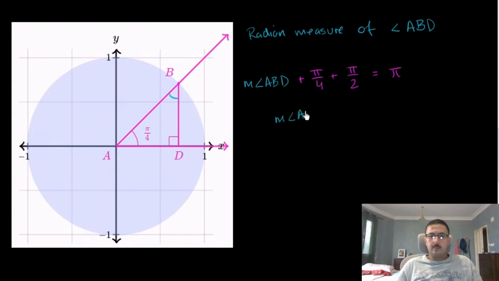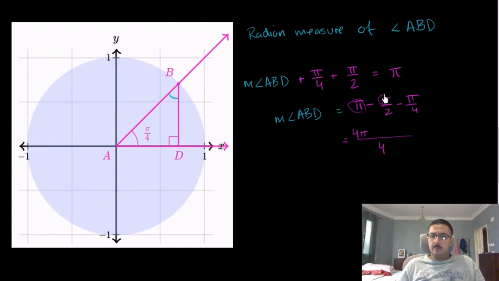The measure of angle ABD is equal to pi minus pi over 2 minus pi over 4. I just subtracted these 2 from both sides. So this is going to be equal to, let's see, we could put a common denominator of 4. Then this is 4 pi over 4, minus 2 pi over 4, and minus pi over 4.